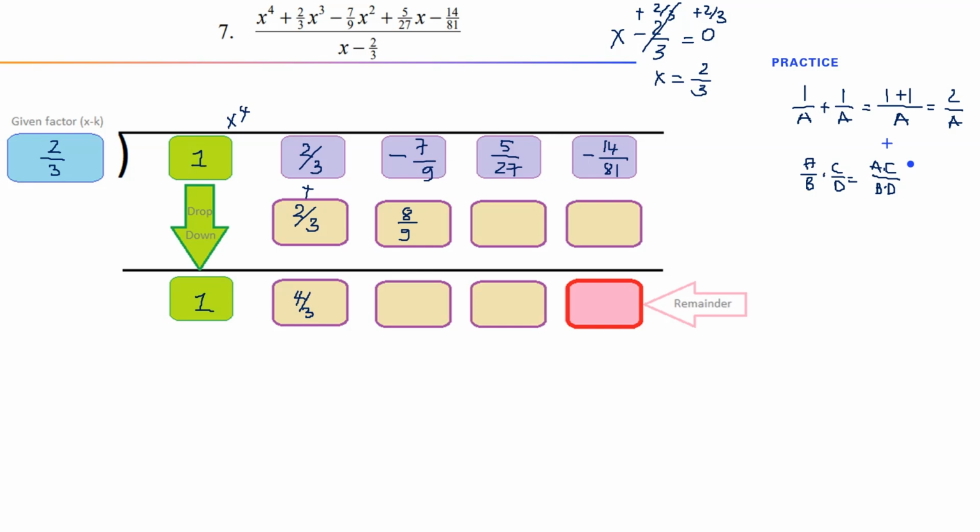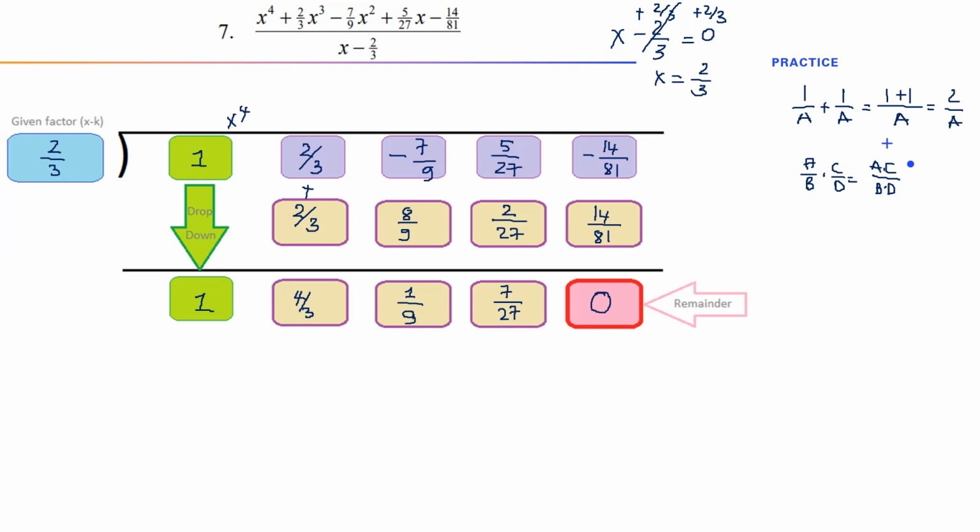Same denominator, so we're just working on the top, 8 subtract 7 is 1. 1 over 9 times 2 over 3. The top is 1 times 2 is 2. The bottom is 3 times 9, 27. Now 5 over 27 plus 2 over 27, that's 7 over 27. 27 times 3 is 81. 7 times 2 is 14, so we add them and it's 0.